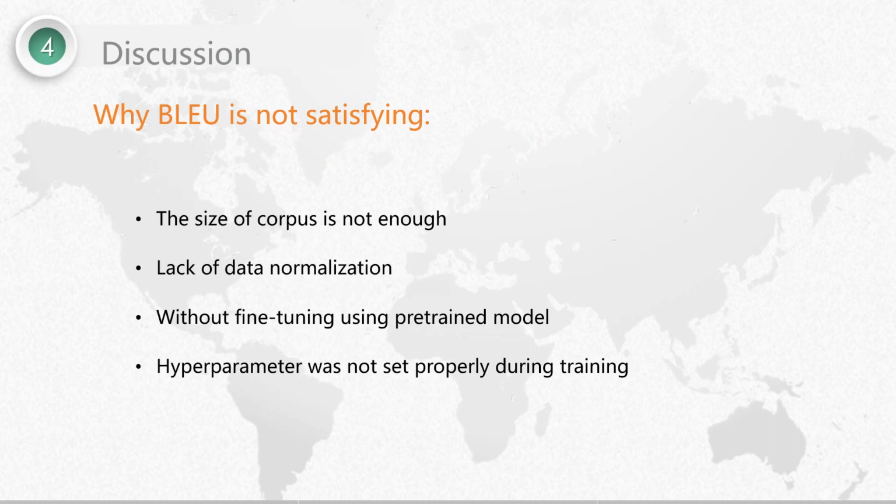We found our model does not perform well. We think there are 4 reasons for this. First, the size of our training set is not enough. Second, lack of data normalization.